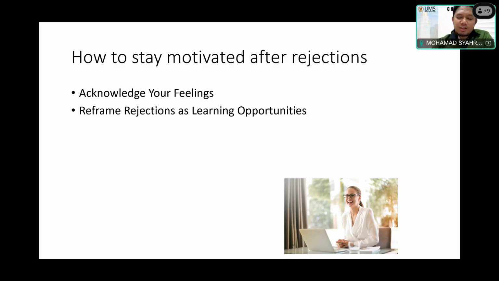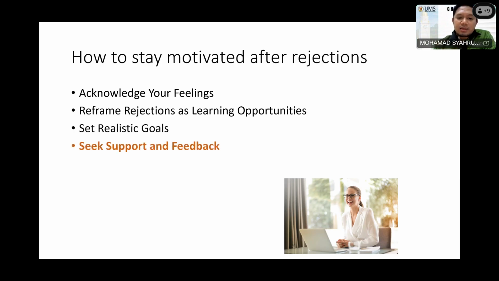That's after you become an academician. So at the moment, please enjoy the process and the learning opportunities. Reframe rejection as a learning opportunity, set realistic goals, seek support and feedback from your friends and your supervisors, and stay committed to improvement.